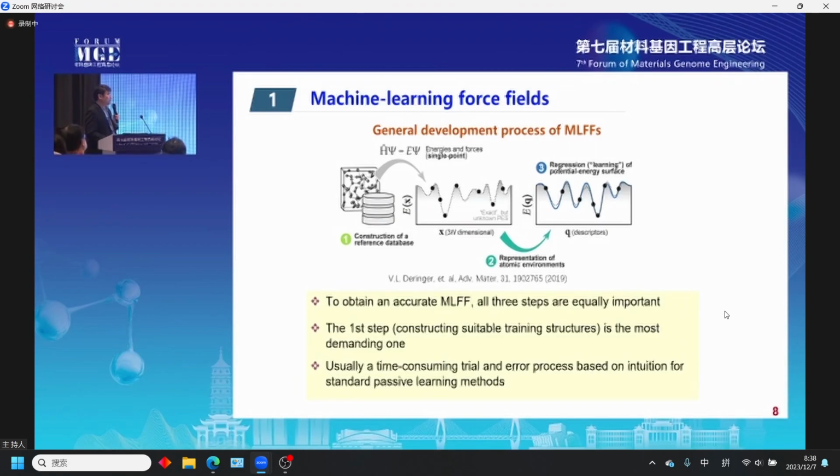Finally, you need a regression, which is model learning of the potential energy surface, normally called the PES, and then we obtain a machine learning force field. All these 3 steps are equally important, especially the first step, which is the most demanding one, usually a time-consuming trial-and-error process based on the initial standard learning method.